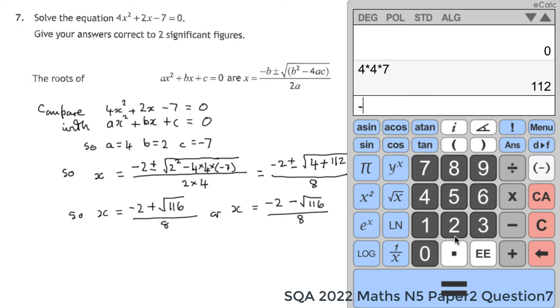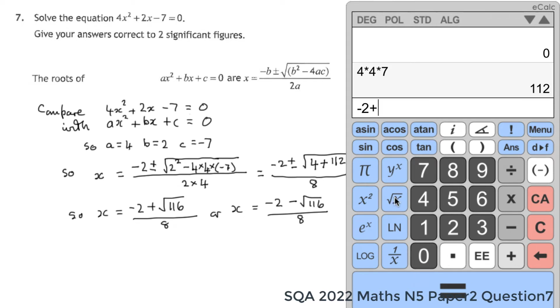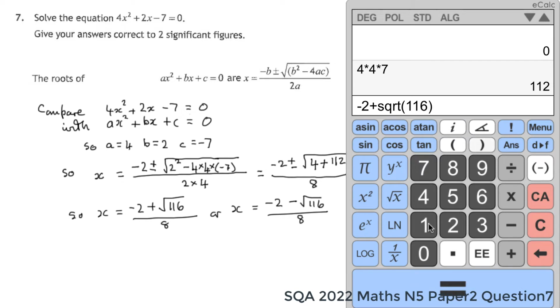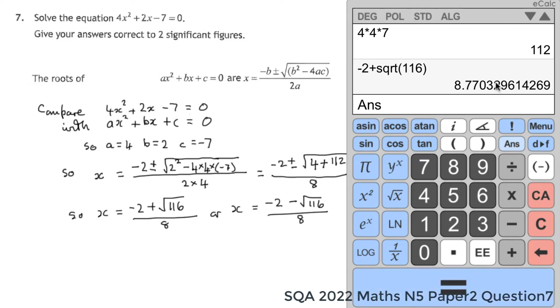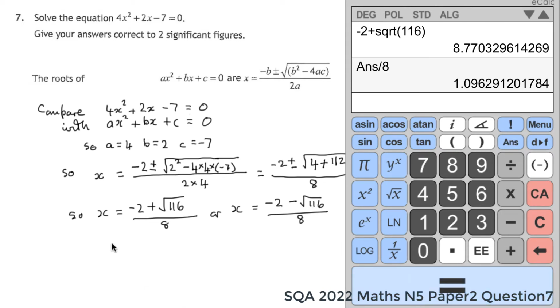So there's a -2. We're adding, and it's the square root of 116. And then once we've got that sum, we'll take that answer and we divide it by 8. And there we get 1.096, and so on.